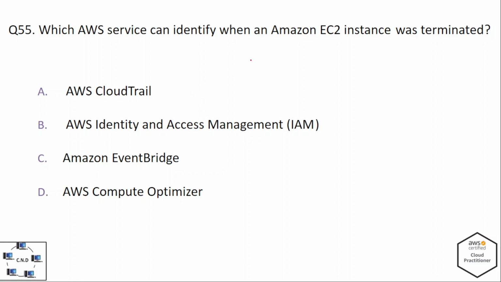so we are talking about identifying the termination time of the Amazon EC2 instance, and this can be determined inside logs, and this is taken care of by the Amazon service AWS CloudTrail. So what is AWS CloudTrail?